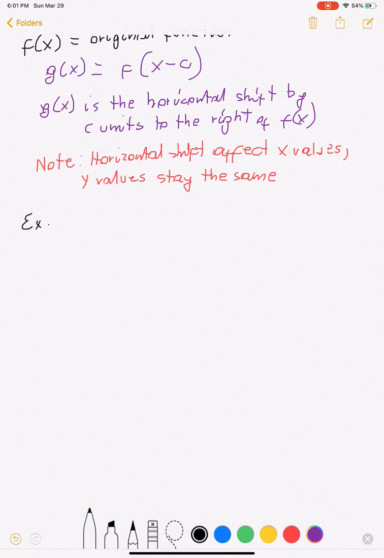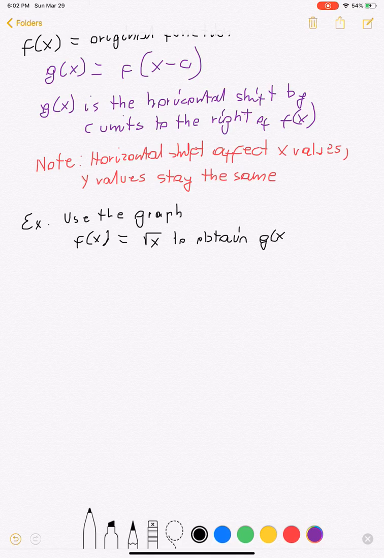Example: use the graph f of x equals square root of x to obtain g of x, which is equal to square root of x minus 2.